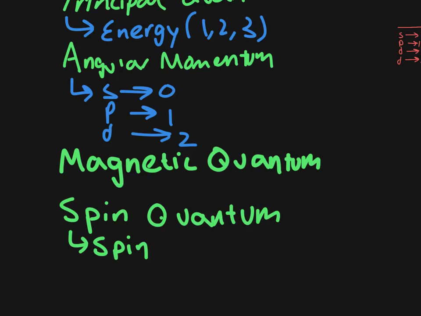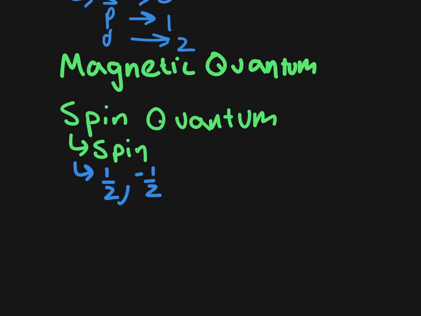This is either going to be a positive 1/2 or a -1/2. If it's a positive 1/2, it means an up arrow, and that's if we're using our orbital diagrams, and the negative means that it's going to be a down arrow. Okay.